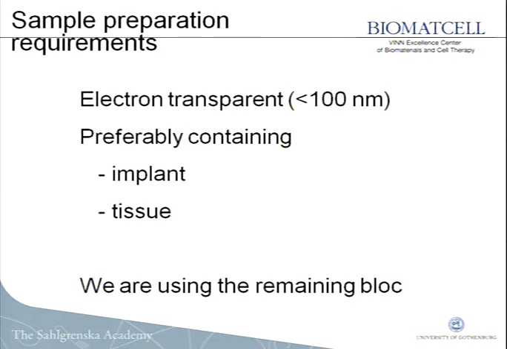Cutting tissue, which is relatively soft compared to a metal, they have widely different mechanical properties, so it's difficult to use the conventional methods in the material sciences or in the biological sciences. So we're using a microscope called focused ion beam microscopy, and we're continuing on the remaining block from the histological sectioning.